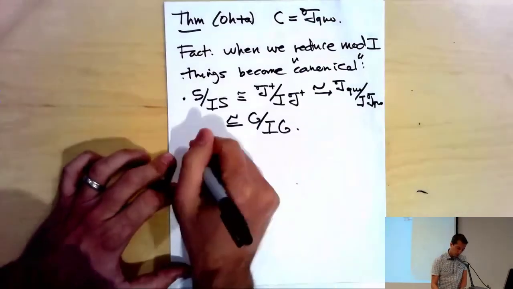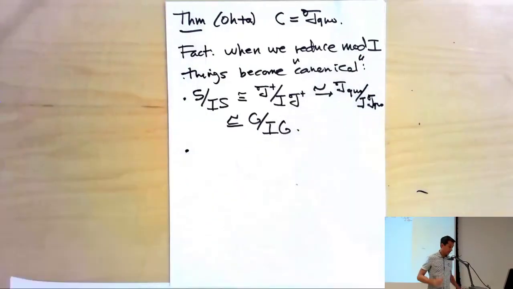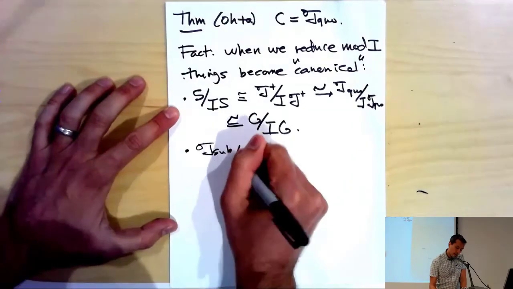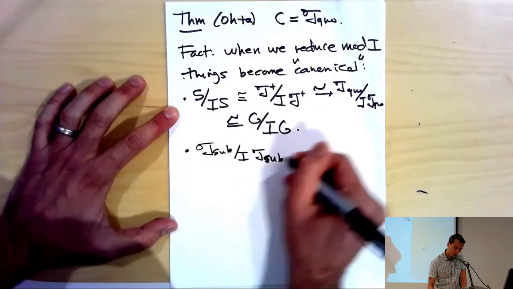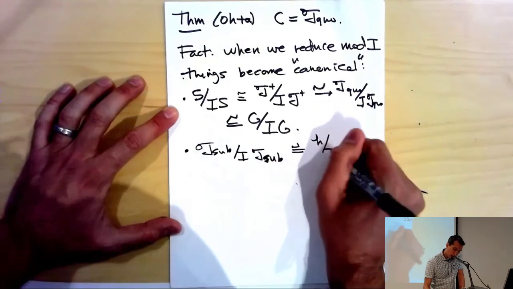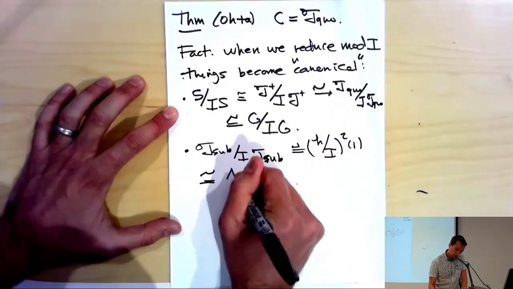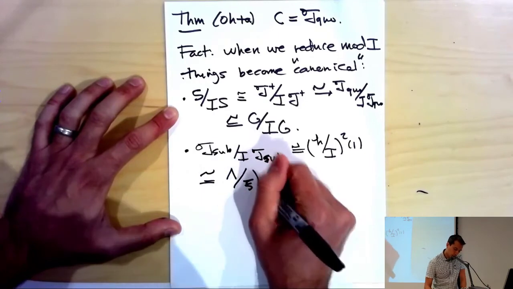And that's the same as T quo mod I. So it's also C mod IC because C is T quo. And the second thing is that T sub mod I T sub is also canonically isomorphic to H mod I iota 1, which takes a little more work, and which remember was lambda mod my p-adic L function.